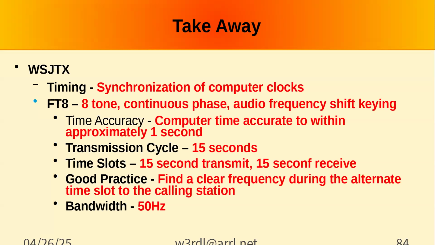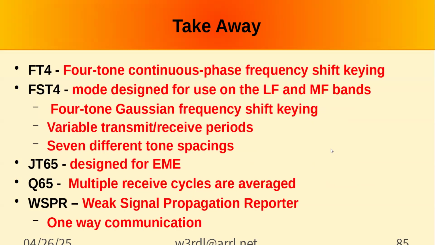Oh, another typo. It doesn't have error correction. And it's good practice to find a clear frequency during an alternate time slot for the calling station. And the FT8 bandwidth is 50 hertz. FT4 is similar, but it's a 4-tone instead of an 8-tone.